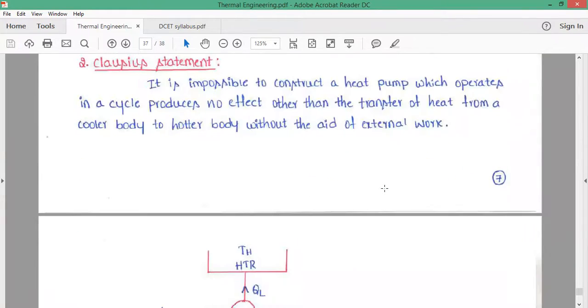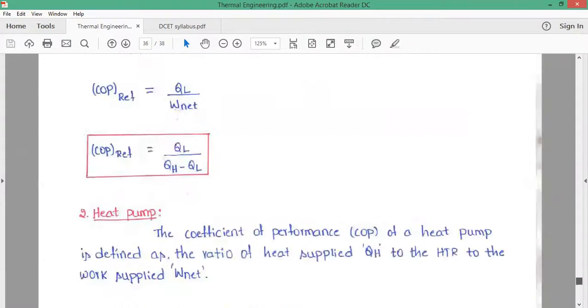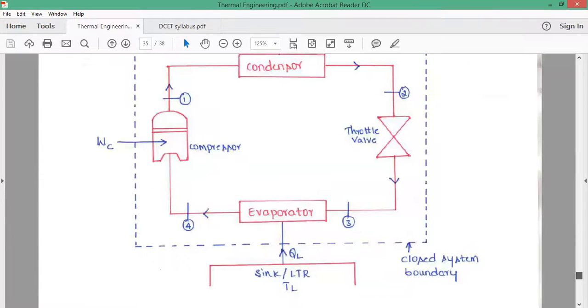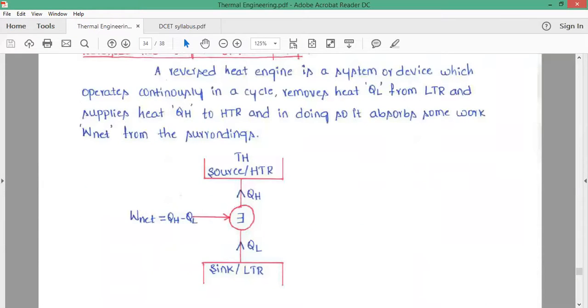Next, we have the Clausius statement. Before going to the Clausius statement, we need to understand the working principle of a refrigerator or heat pump, which can be called a reverse heat engine. A reverse heat engine or heat pump is a device which operates continuously in a cycle and removes QL amount of heat. Suppose I consider this sink or LTR as the interior space within the refrigerator.